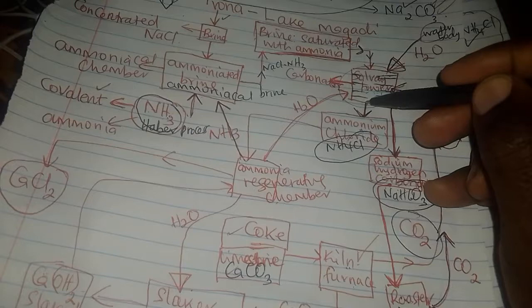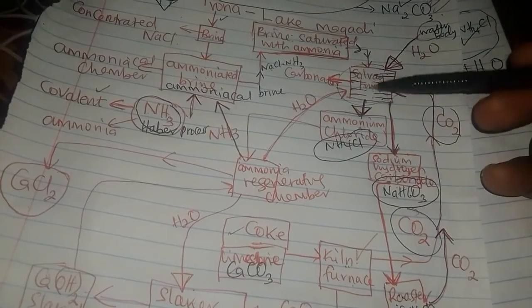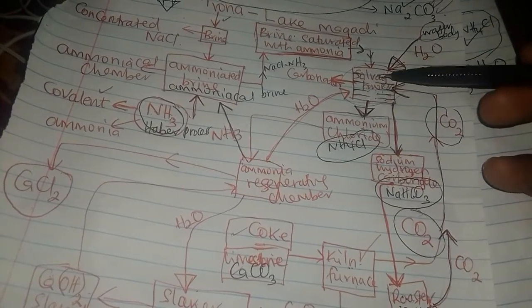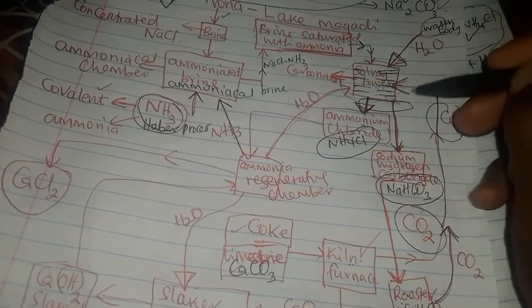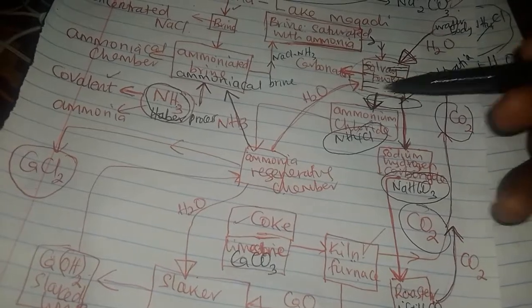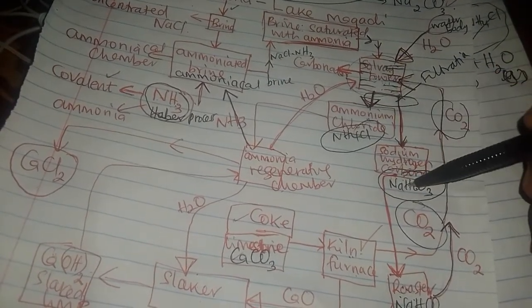Then the ammonium chloride remains at this point. So they have a different level of solubility. They get separated by a process called filtration. So the sodium hydrogen carbonate is separated from ammonium chloride by filtration.